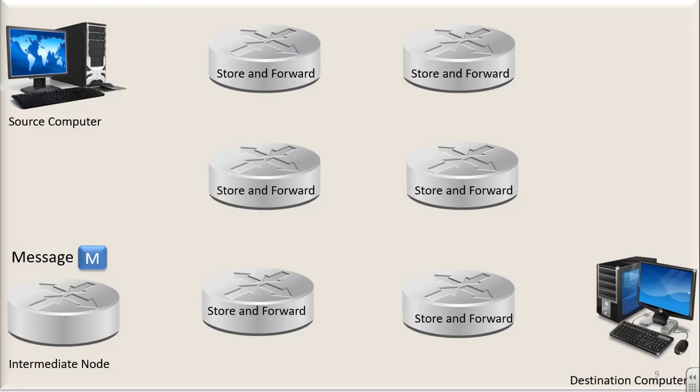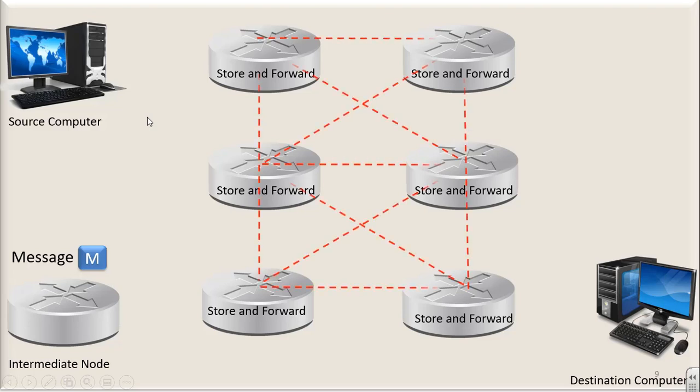Look at this particular example. We have source computer and we have destination computer. M stands for message, and these are intermediary nodes which will work as store and forward facility. Communication is going on between these intermediate nodes.